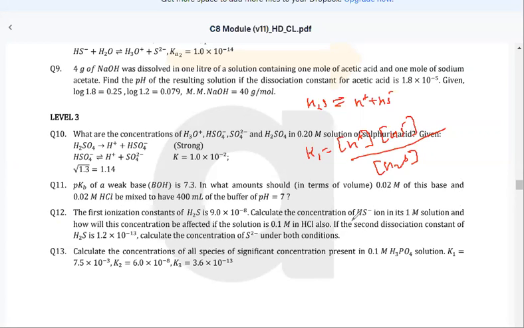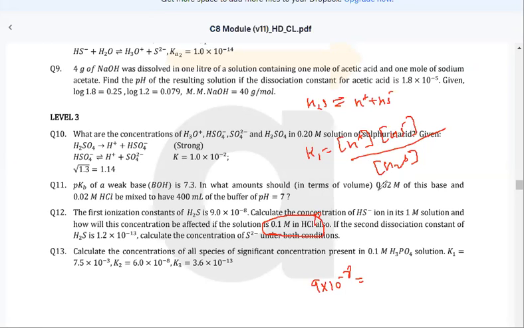Now I can say that in the presence of 0.1 molar HCl, H plus will be produced by this, yes or no? Tell me everyone. So K1 is given, which is 9 into 10 power minus 8.